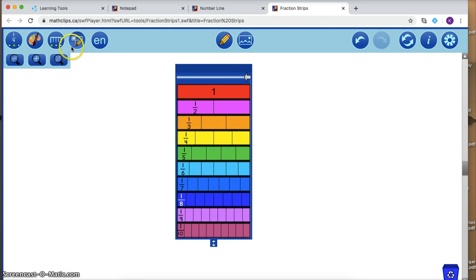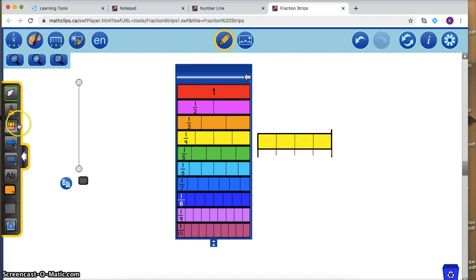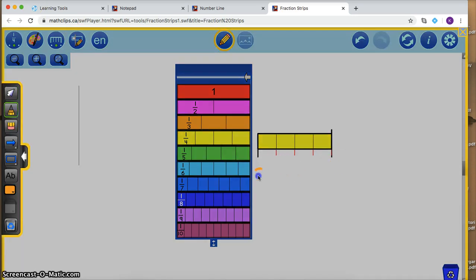I gotta go this way. So if I have, let's see if we can do this here. 1/4, 2/4, 3/4, 4/4. So it's like having my 0 and 1 whole, or 4/4.